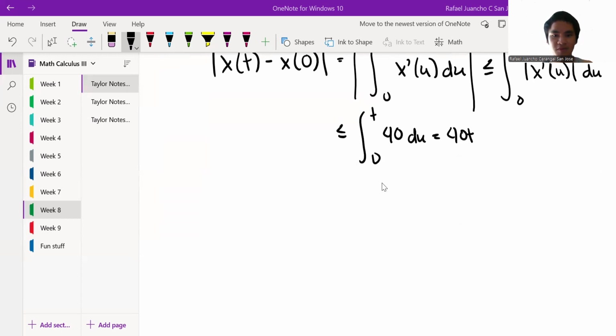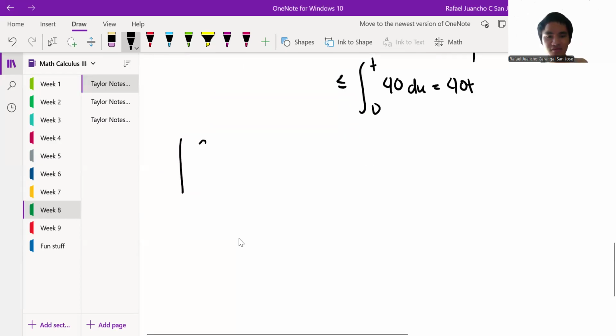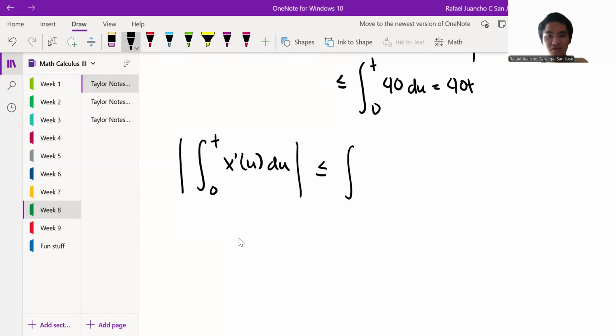So there are a couple of steps above that need justification, right? So we need to justify everything we just did. And so first we use this equality, 0 to t, x prime of u du, and we set it to be less than or equal to this thing.